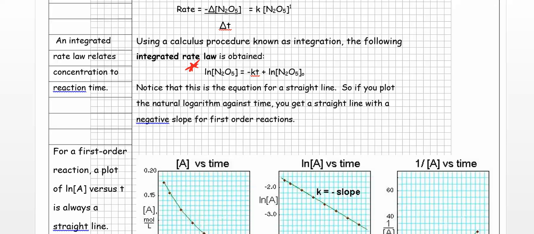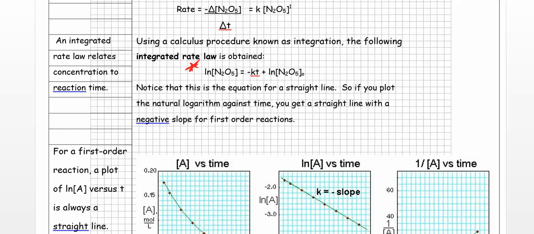Here we go. It's the natural log, and yes, that is natural log base e, not base 10, not log, but ln. So the natural log of the reactant, which is N2O5, is equal to minus kt, that's minus kt, plus the natural log of the initial concentration of the reactant, that's N2O5 naught, right?